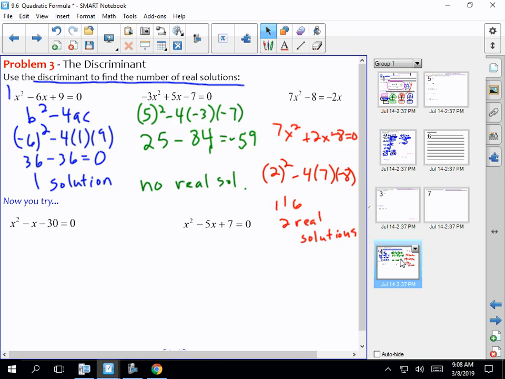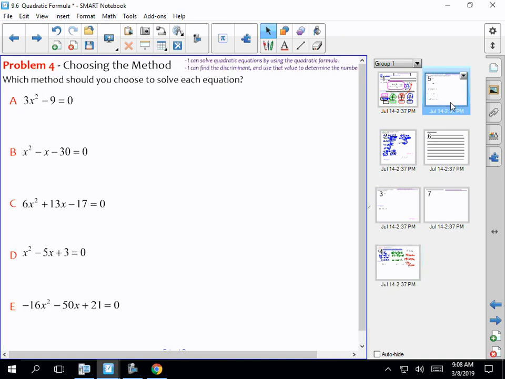Turn to the last page of notes there. As you're putting all this together, the test on this is, I'm going to give you a quadratic and ask you to solve it. And you're going to end up choosing a method in some cases.